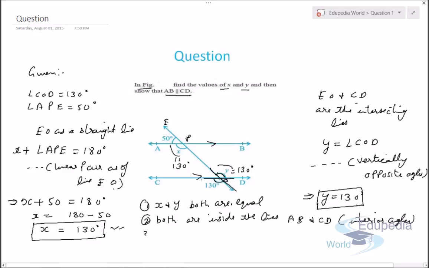And the third point is, if we consider EO as a transversal, they are on opposite sides of the transversal.